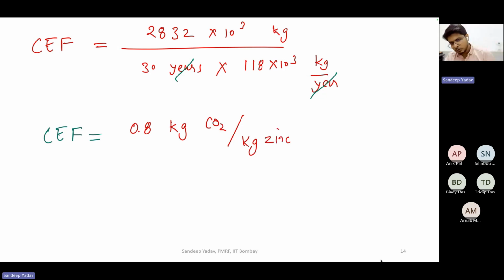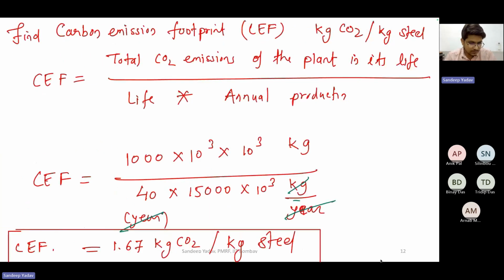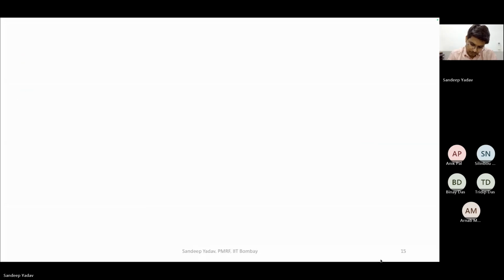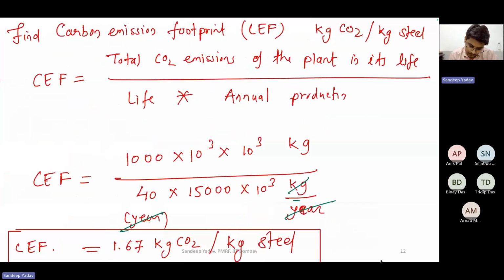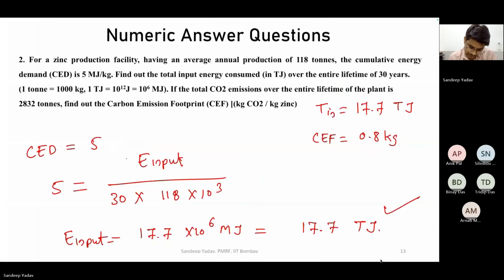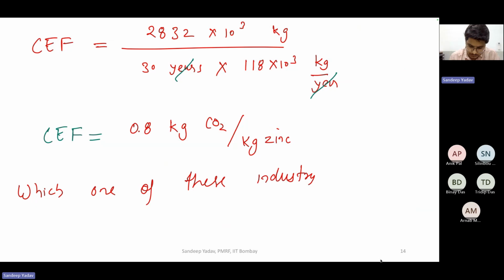So now from question number one and question number two, which one is the most carbon intensive? This we have solved for the steel industry, and this we have solved for the zinc production. Which one of these industries has more carbon intensity?